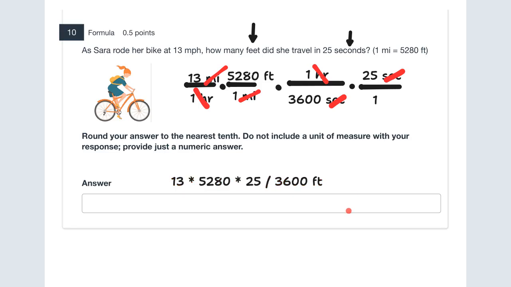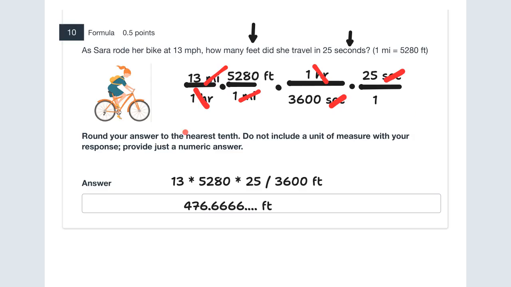Grab the calculator. 13 times 5280 times 25 divided by 3,600 is going to be 476.666667. So this is equal to 476.6666, and this is feet.